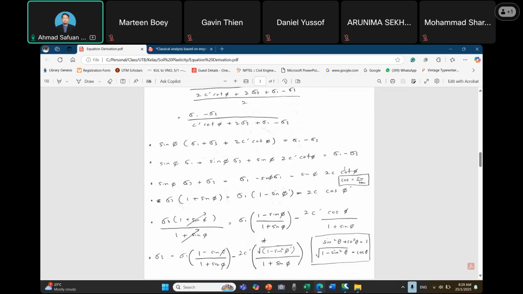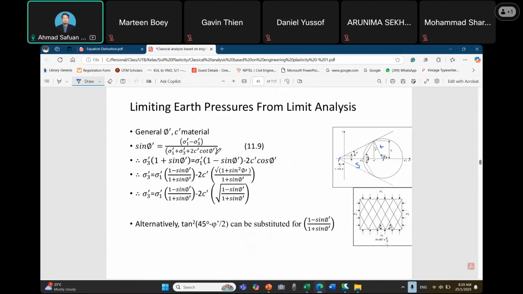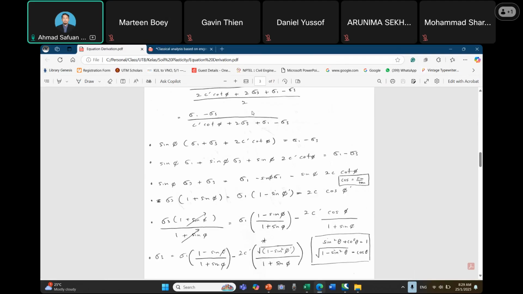For example, cot is 1 over tangent, so we can simplify it into cos, because sine over tangent is cos. So how do they obtain the cos here? From the cot.